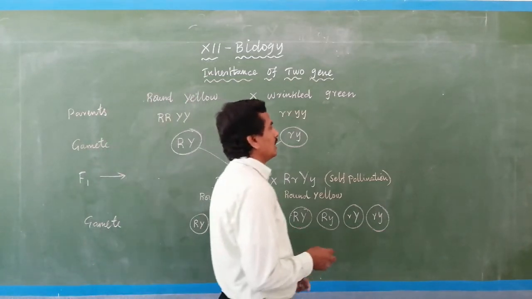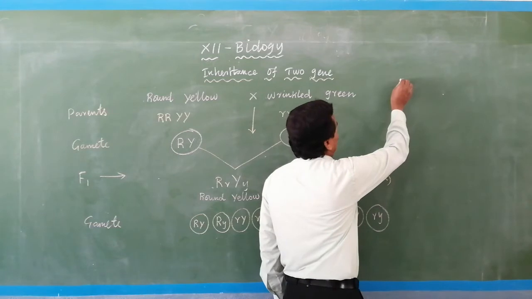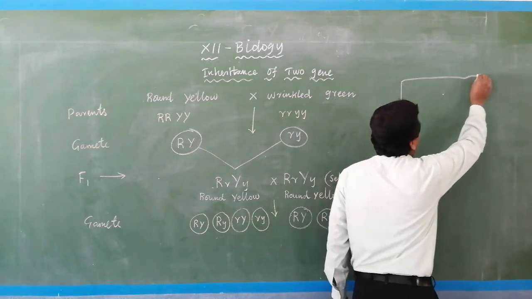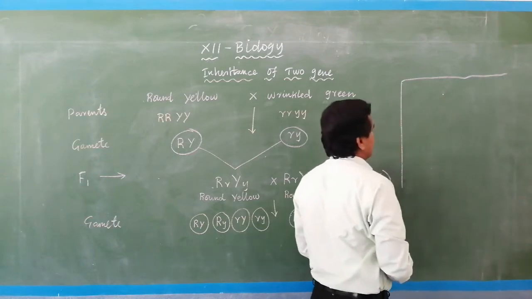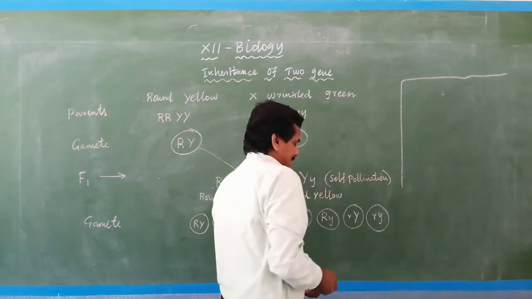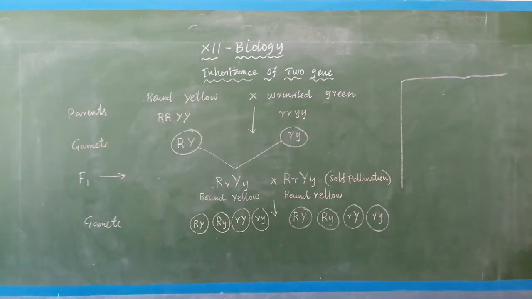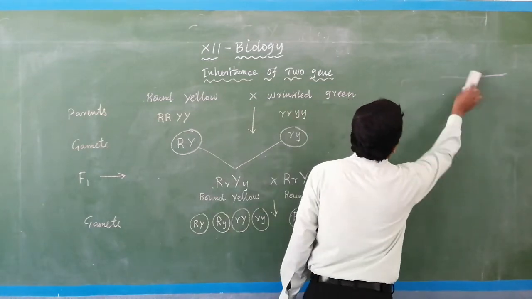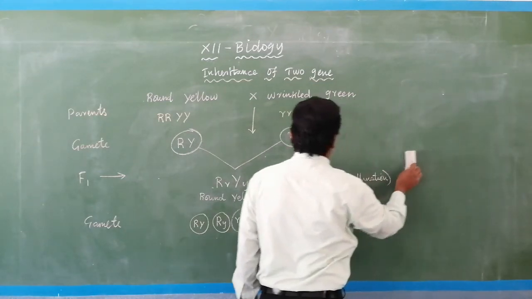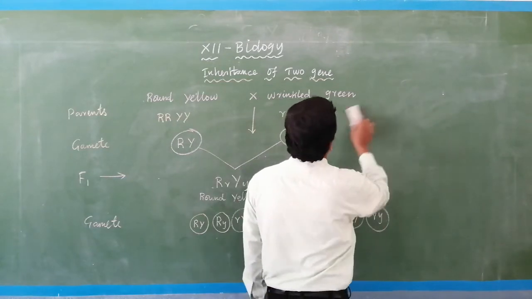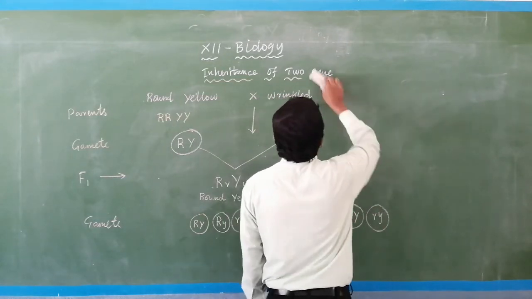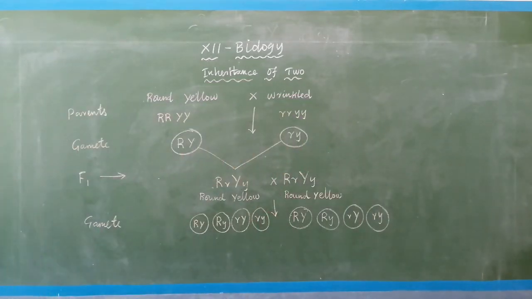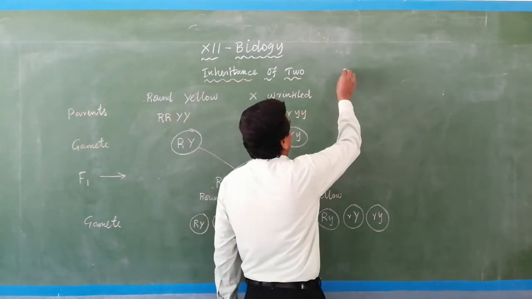The next one is the F2 generation, and the Punnett square.